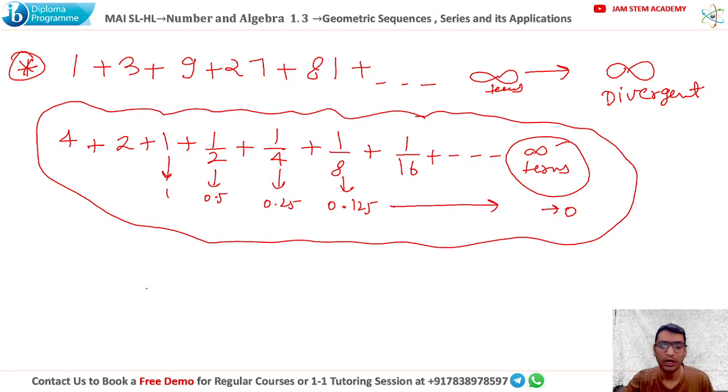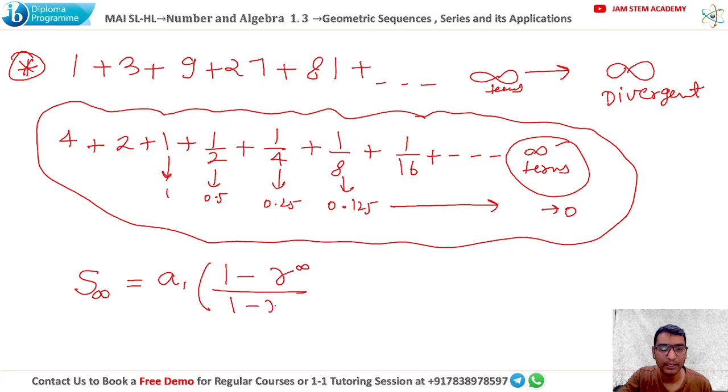And what we can do, how to get the answer? See, the sum of n terms formula was a times r raised to the n minus 1 upon r minus 1, or a times 1 minus r raised to the power n upon 1 minus r. So let's use those. So can I write it as a1 times 1 minus r to the power n, with n tending towards infinity, over 1 minus r.